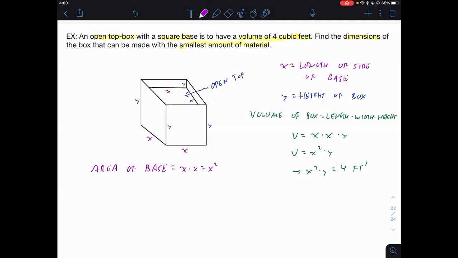Then I'm going to figure out the area of each side, where each side is represented by the side along the base, but also the height, right? Each side, the bottom will be x, the height will be y. So the area of each side is going to be x times y.